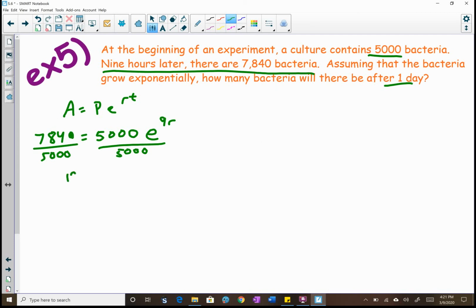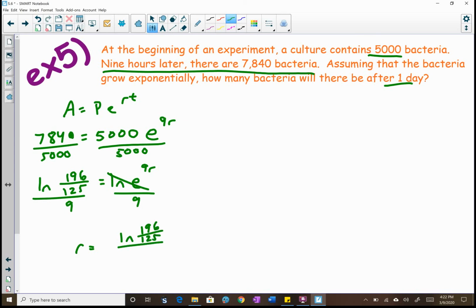I got 196 over 125. That's an E, believe it or not. Natural log. I'm going to go ahead and divide by 9. So R is natural log of 196 over 125, all over 9.